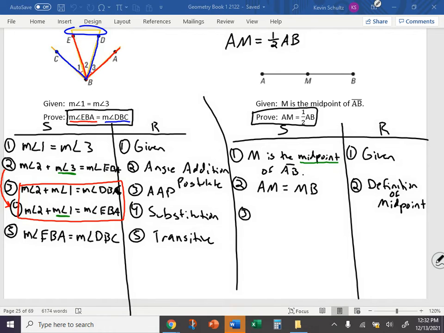Okay. Let's write what we have. We have the AM. We're in good shape there, right? The left side of our equation, what we have, matches what we want. But we have to somehow write MB as 1/2 of AB.